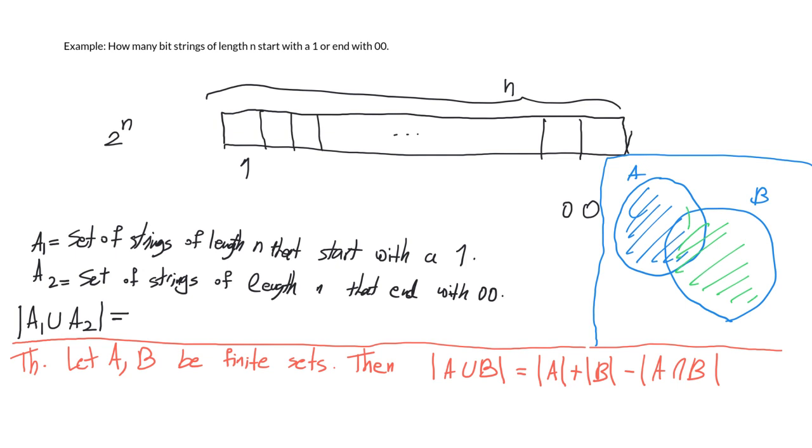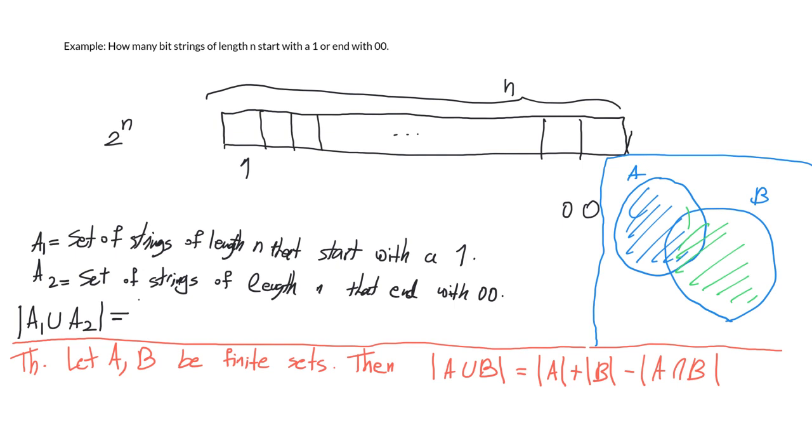And if we add the total number of elements which are in A with the total number of elements which are in B, we have counted the elements which are in the intersection twice. And if we remove the number of elements which are in the intersection, then we have counted those correctly once, and we get this formula.